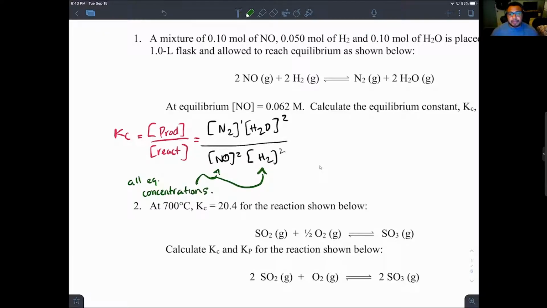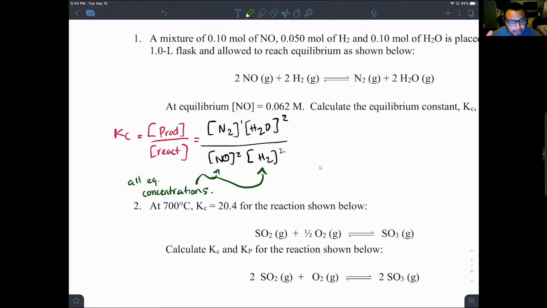Now it's super important to recognize that most of the time when they do these kinds of reactions, you're normally given the initial concentration at some point, or maybe you're given how much it changes, but really the only thing that goes in this is the value that corresponds to the concentration of one of these reactants or products at equilibrium. So ensure that you never put anything other than an equilibrium concentration in those brackets in this Kc equation, okay?